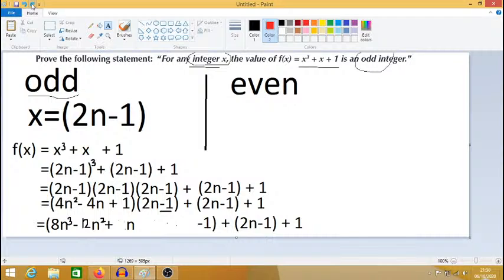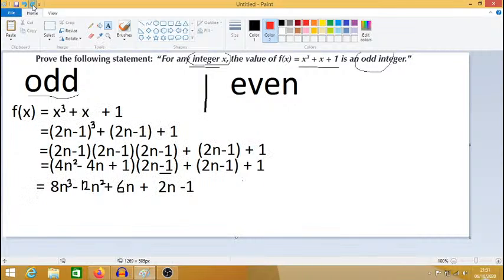Just to recap, the idea was really to take the 2n minus 1 as an expression for an odd number that can go in, and put it in, see what you get out, and try to rearrange it, simplify it so that you end up with 2 times something take away 1. We got the take away 1 at the end quite nicely.